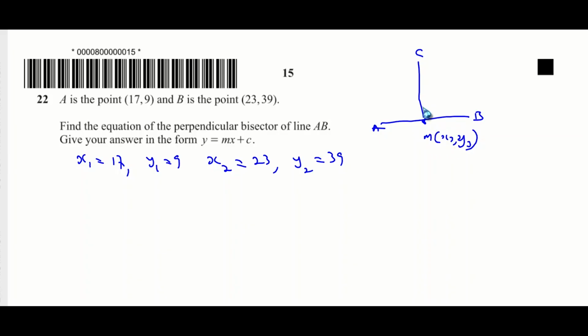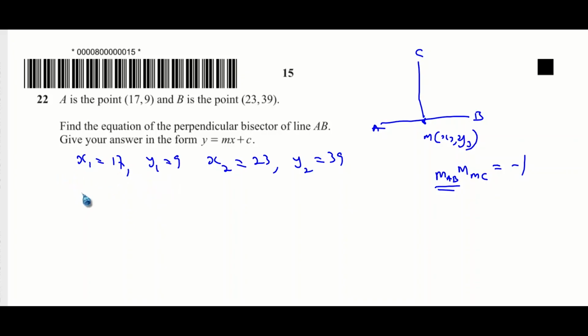So now, for us to get the gradient, the gradient of AB multiplied by the gradient of MC should be equal to -1 because they are perpendicular. Once you know the gradient of AB, we'll get the gradient of MC.